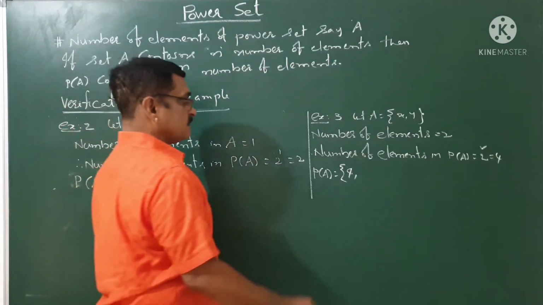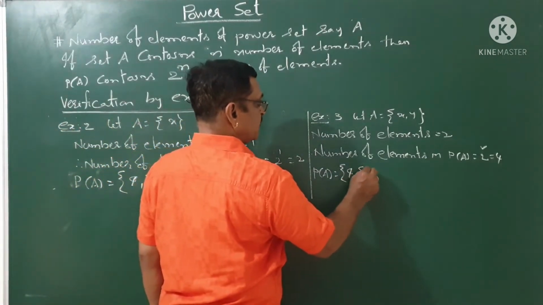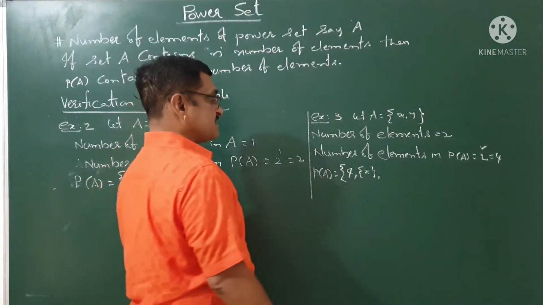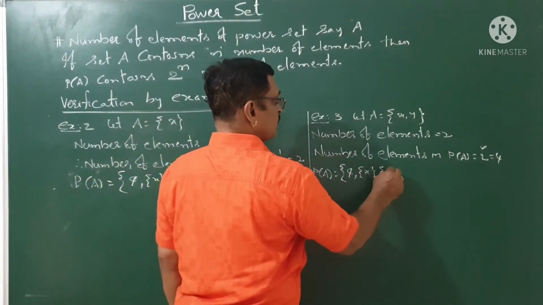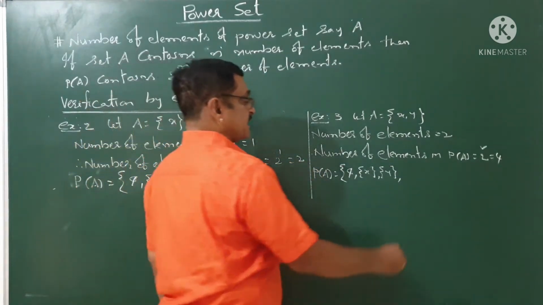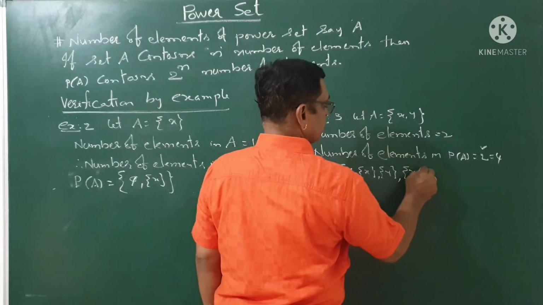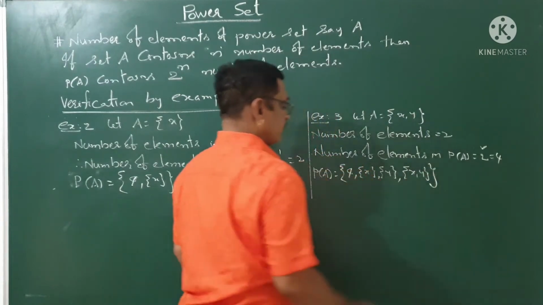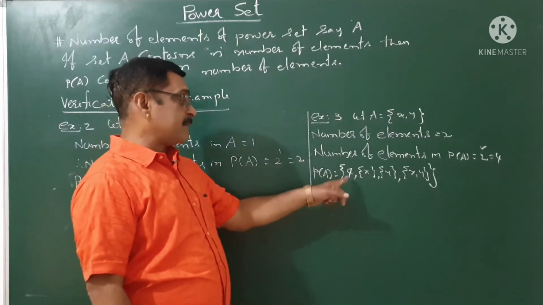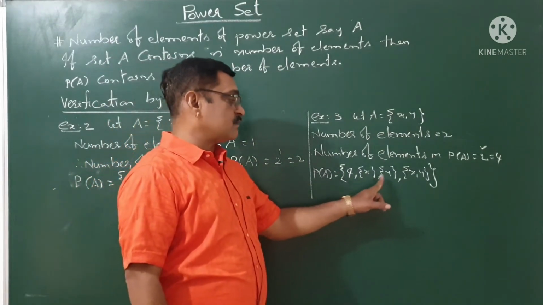Next one, a set which contains only x can be a subset. A set which contains only y can be a subset, and the set itself. So, by verification, practically also I proved P of A has 1, 2, 3, 4.